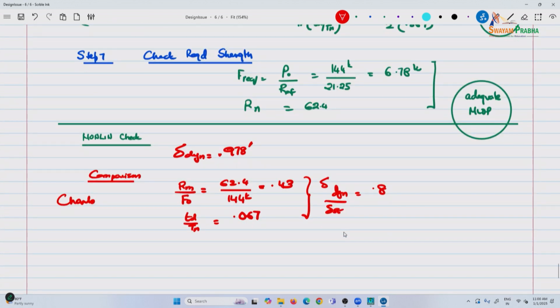Delta static is Rm by Ke, which is 62.4 divided by 34.5, which is 1.8 inches. So therefore, delta dynamic is 0.8 times 1.8.